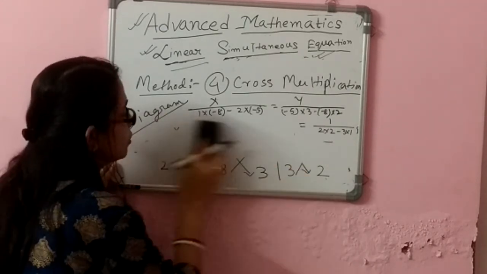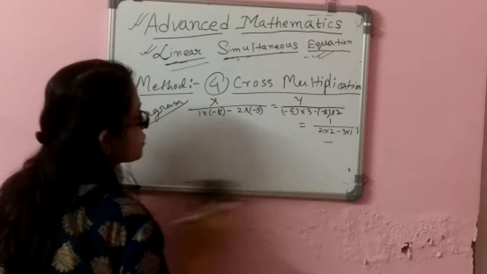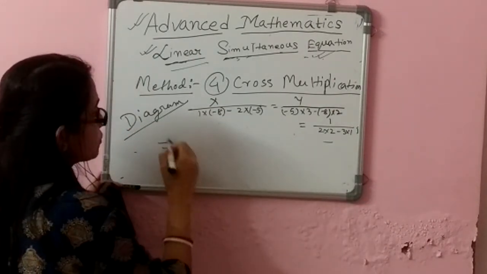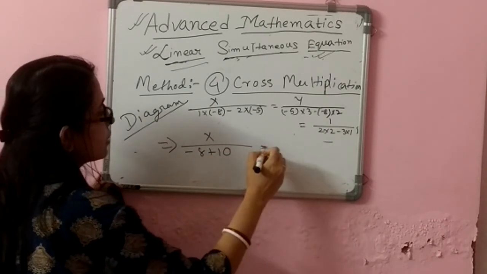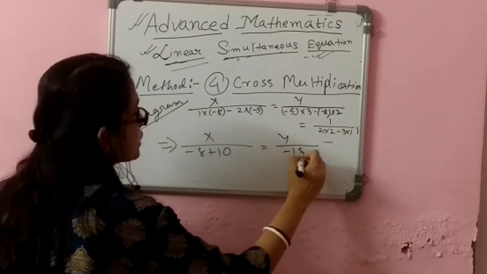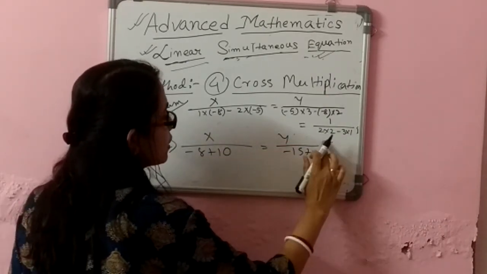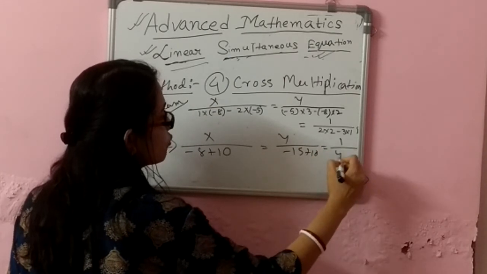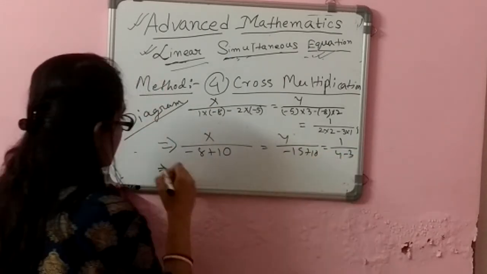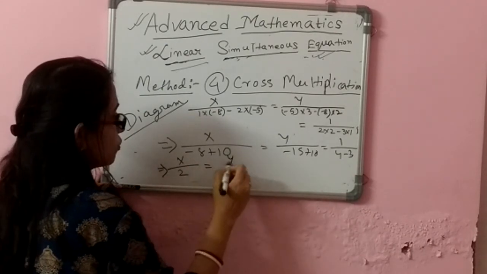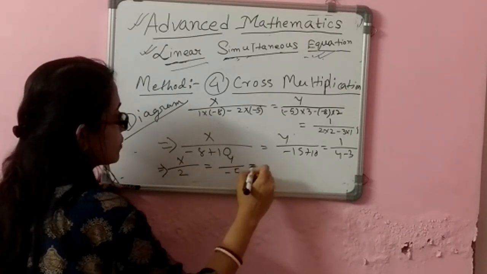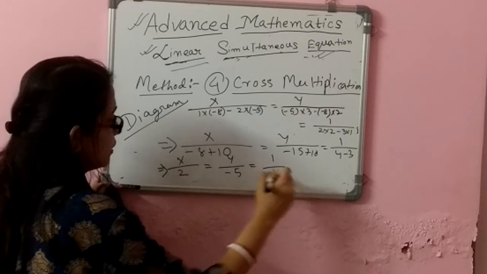So now what we have got: x is minus 8 plus 10, y is minus 15 plus 10, and the constant is 4 minus 3. So now x by 2, y by minus 5 equal to 1 by minus 1.